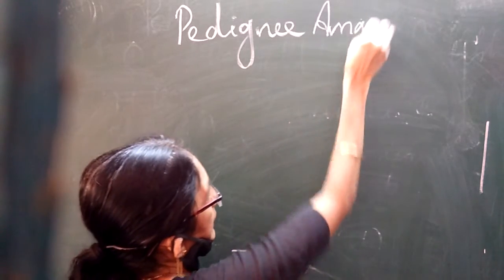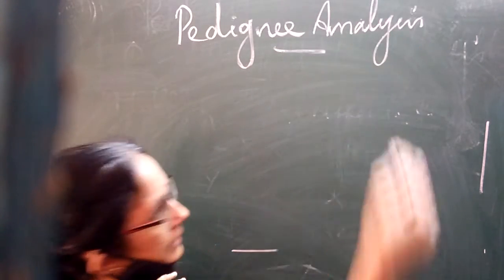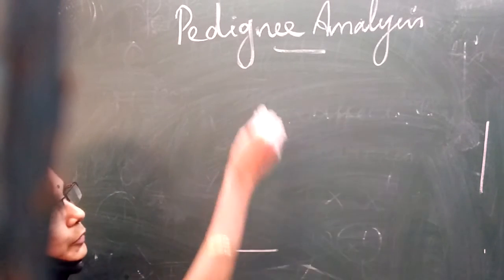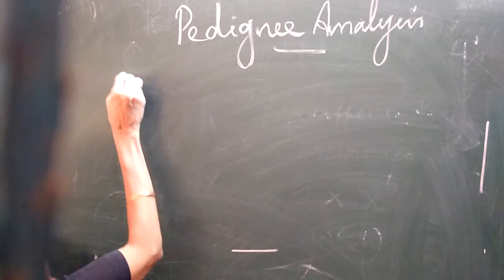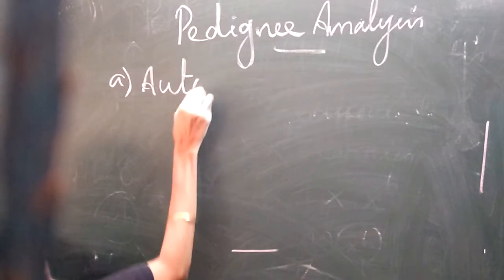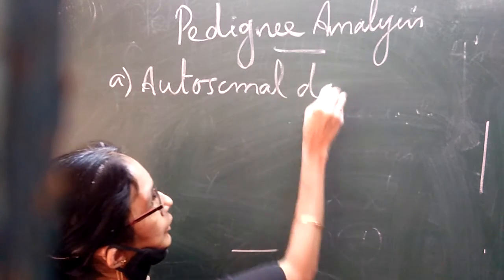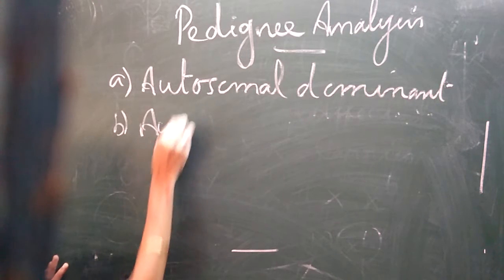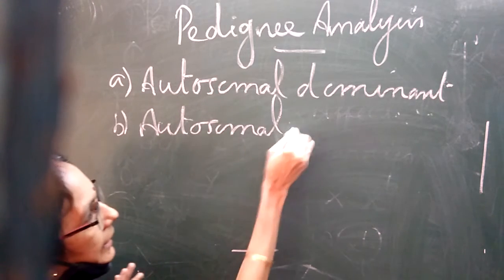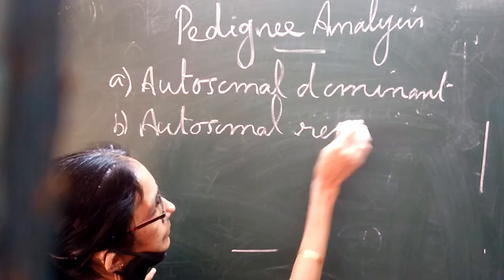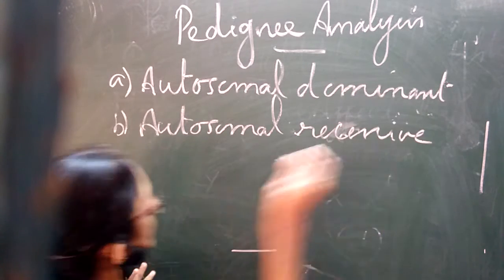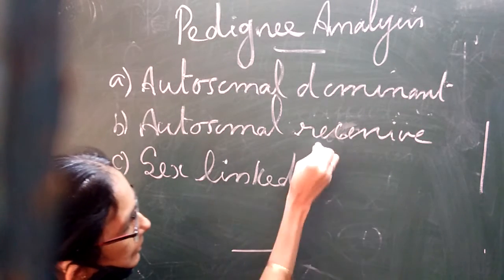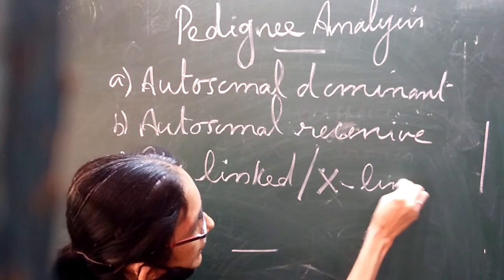Yesterday, you have studied about pedigree analysis. Today, let us learn how to identify by using a pedigree whether the disorder is autosomal dominant or autosomal recessive, or it is sex-linked or X-linked disorder.